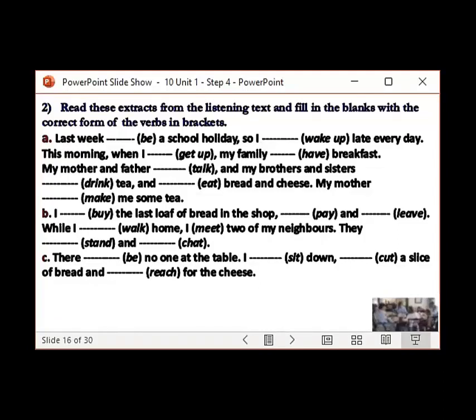Fill in the blanks with the correct form of the verbs in brackets. I will give you 1 minute to think carefully, and I will take your answers. Hurry up. Take your time.